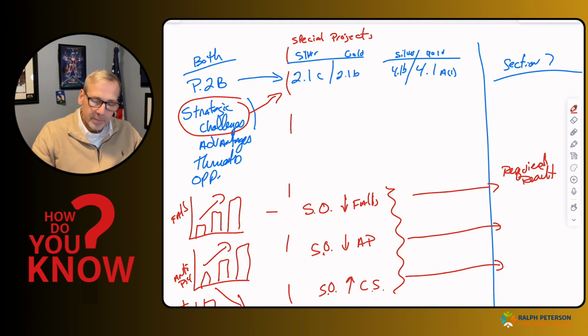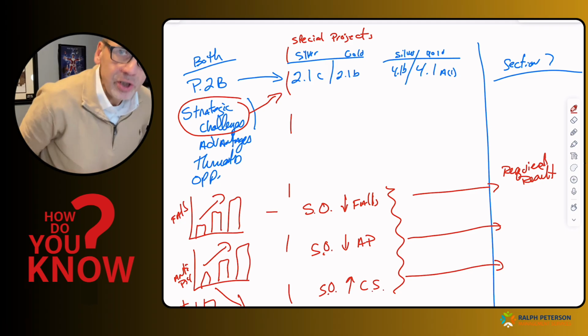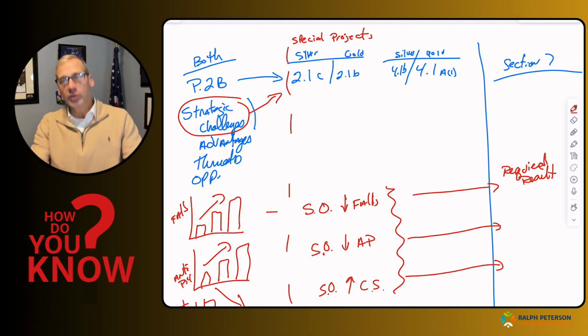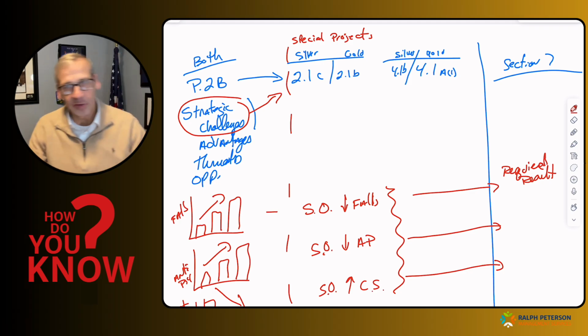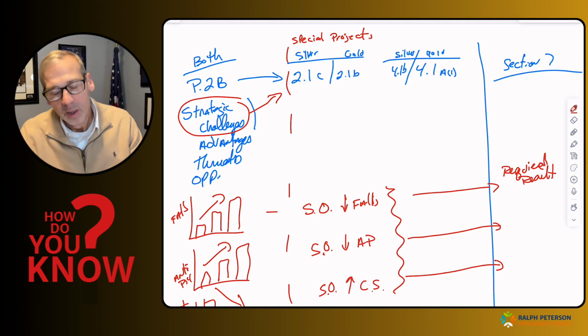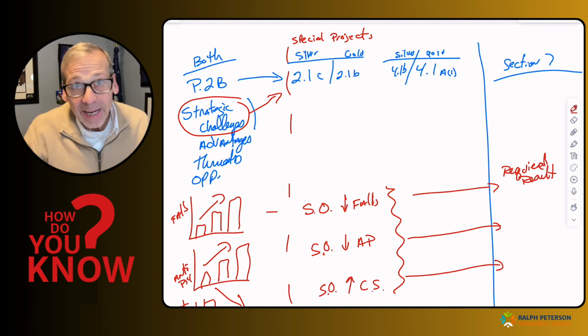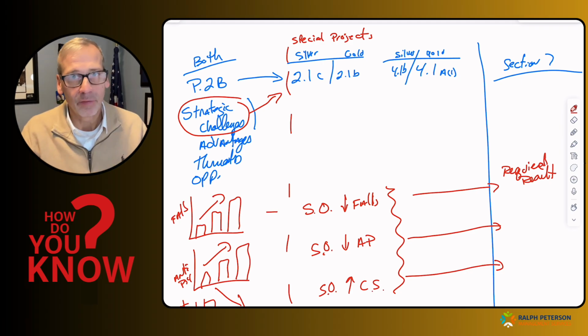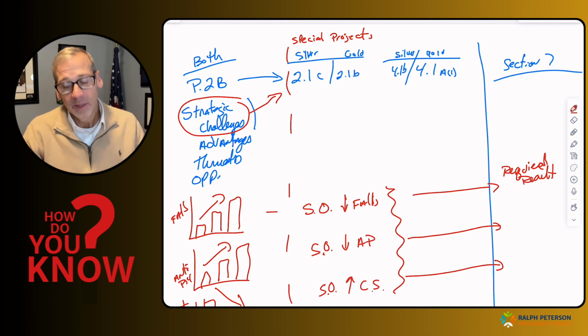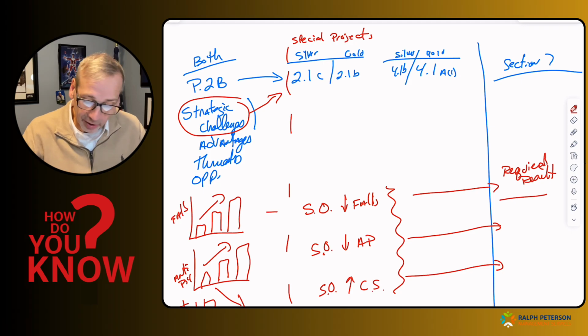Meaning, if it was so bad, if your falls were so out of control, or your customer satisfaction scores were so low, or your antipsychotics were going so high, you created a special project to focus on it, i.e. a strategic objective. It is reasonable that the examiner is going to require a result.